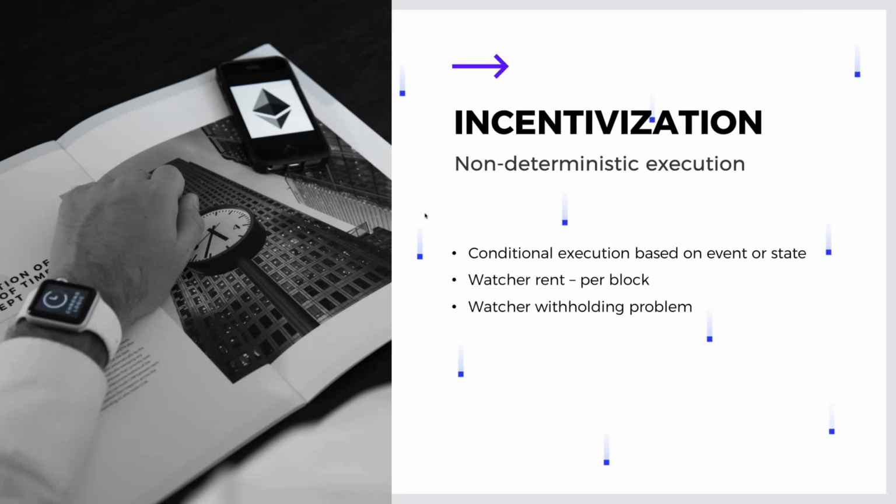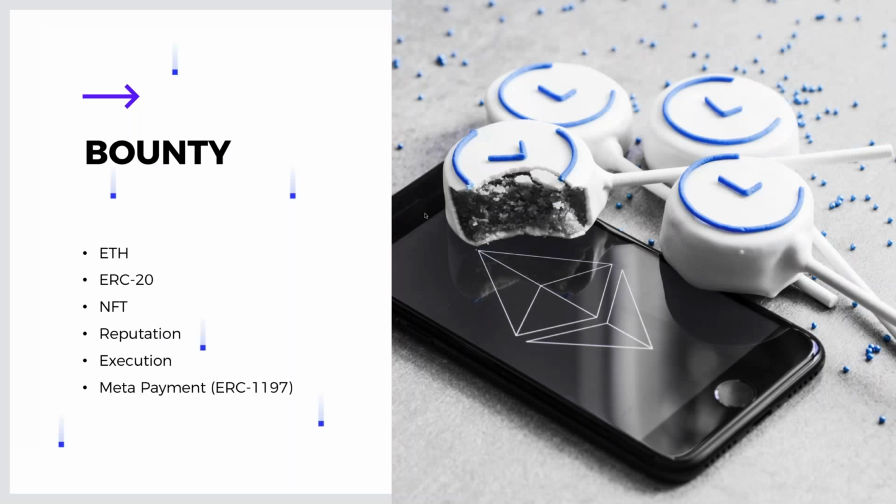So the gas reimbursement might not cover the real gas cost. This is something the executing agent might essentially put from their own pocket, as a part of the reward. The other case is non-deterministic execution.